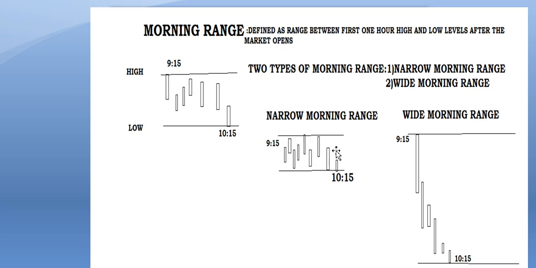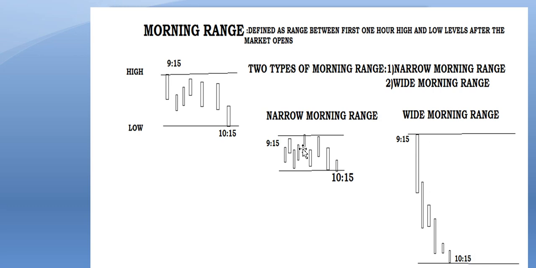You can't see any big moves in this time, so that can be called a narrow morning range. Wide morning range looks like this, with a 9:15 candle like this and a 10:15 candle like this. There is a wide difference between the high and low levels of the first 1 hour. That can be called a wide morning range.